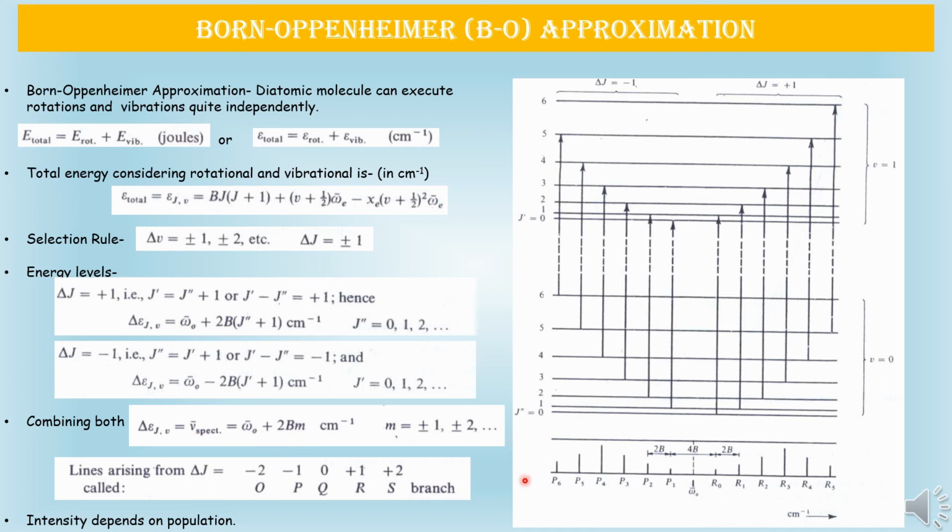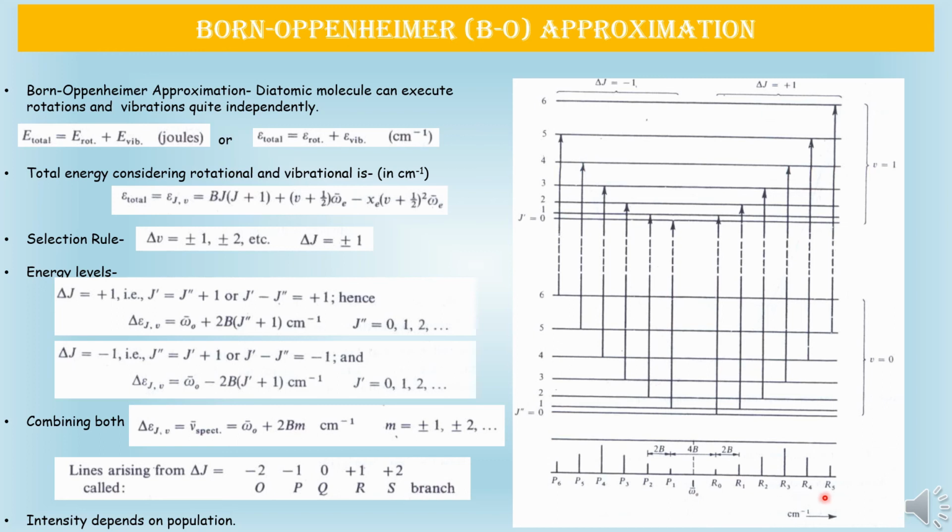So when the M value is negative, or let's say del J is minus 1, that part of the band is related to the P branch. And if the M value is positive, that means del J equals plus 1, then the branch is known as the R branch.